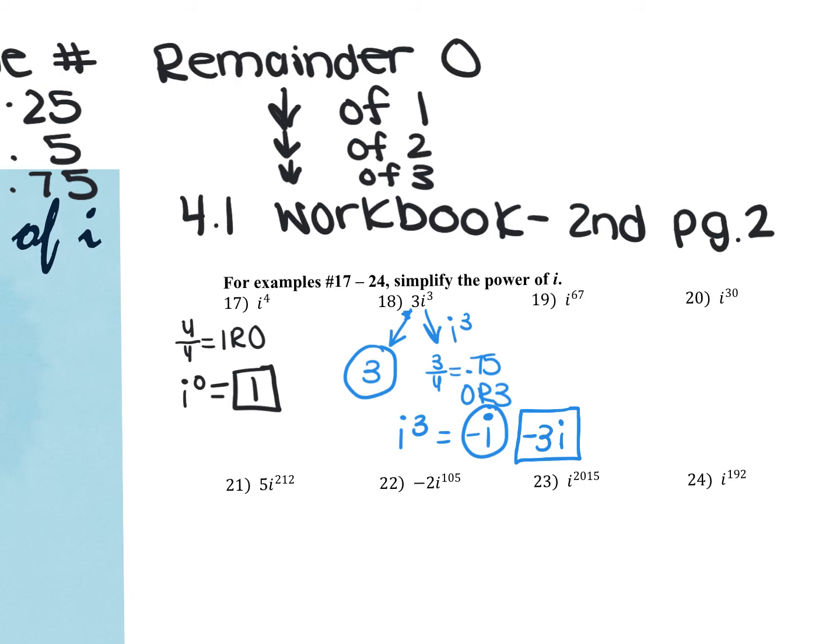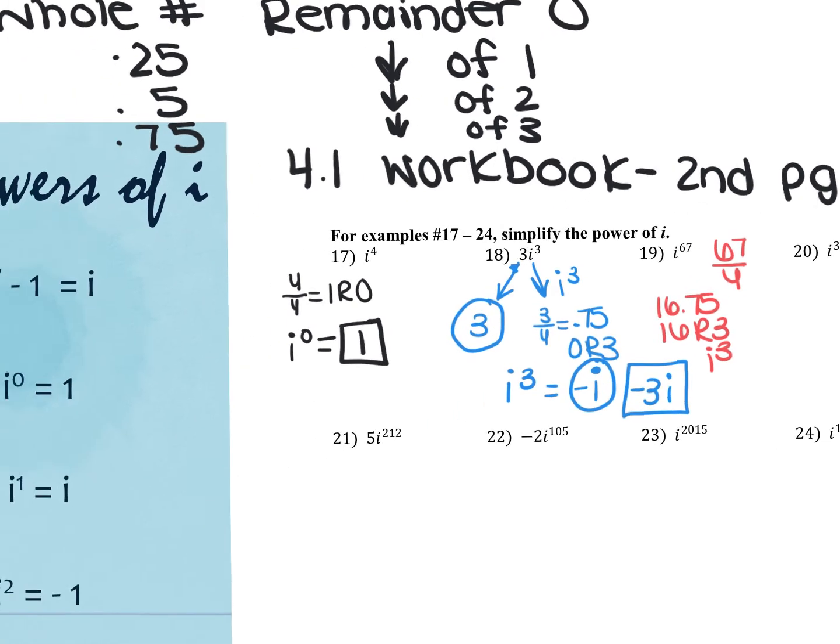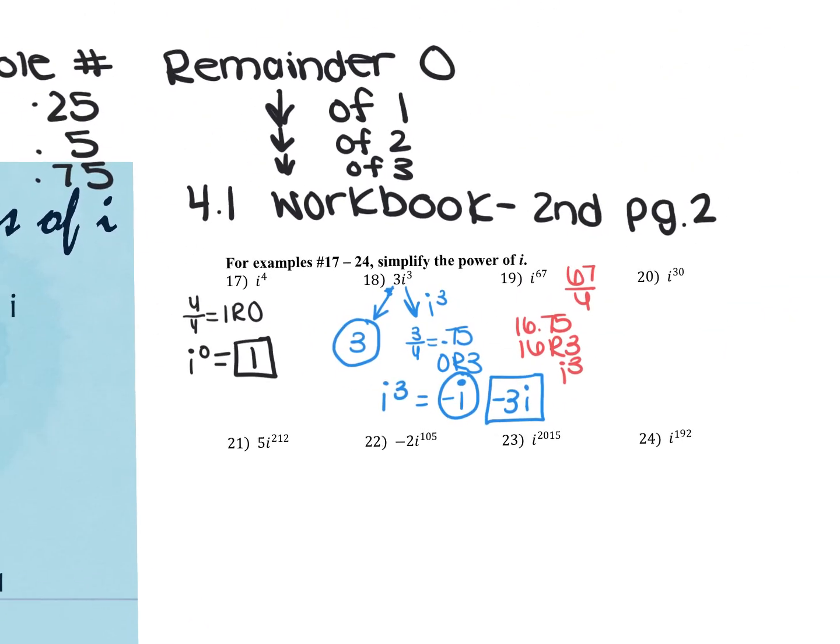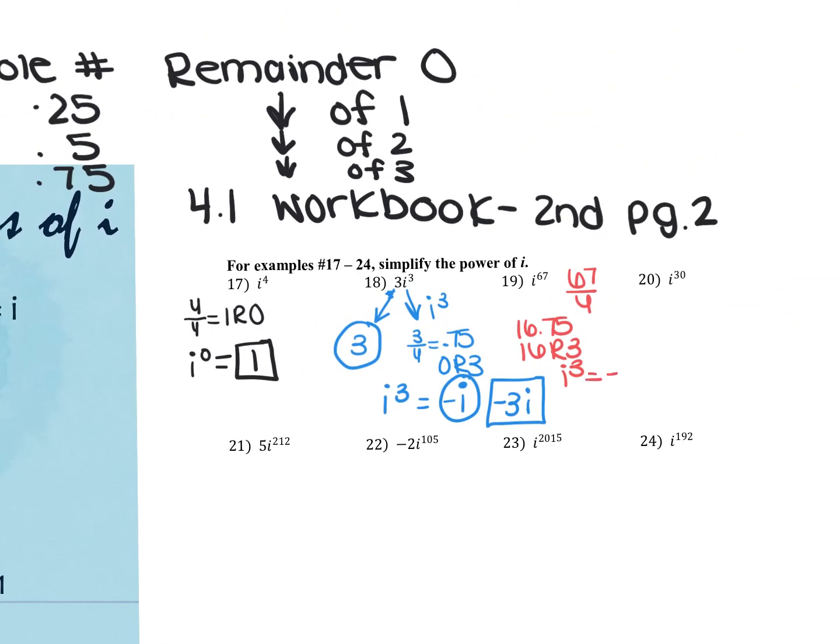Okay, going over to 19. I'm going to take my exponent of 67 and divide it by 4. I get 16.75. So that means it goes in 16 times with a remainder of 3. That means that my new power on that I is going to be I to the third, which again, using our little cheat sheet here, but we got to get this memorized, is equal to negative I. Go over to number 20.